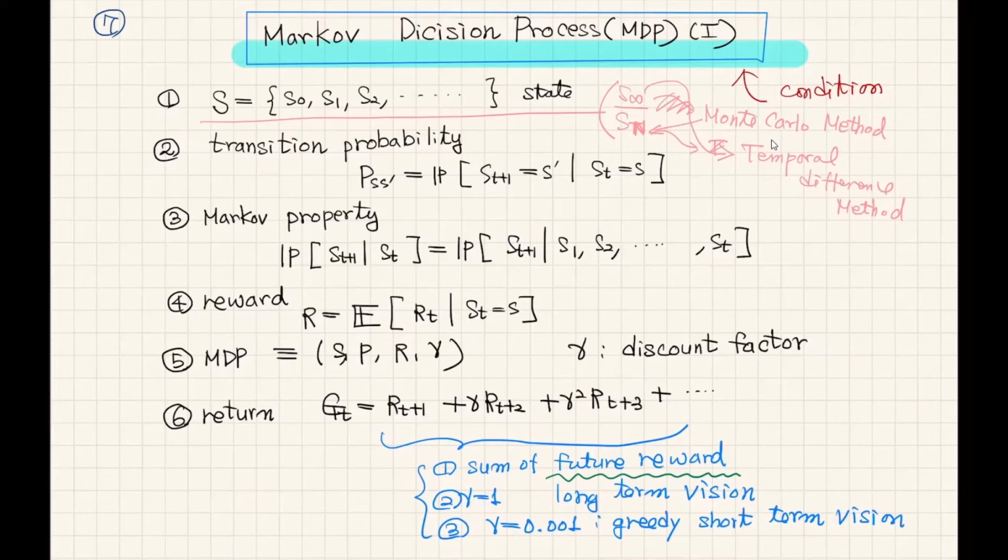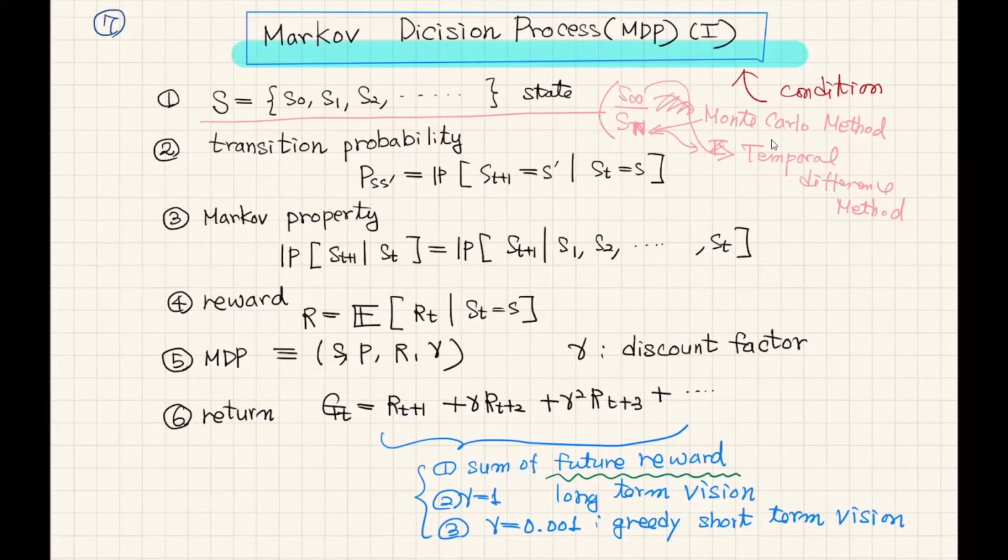But in stock investment, we don't know when the stock market will be terminated. It may go 1,000 years or a million years. So the definition of state is a very important step to start designing reinforcement learning.